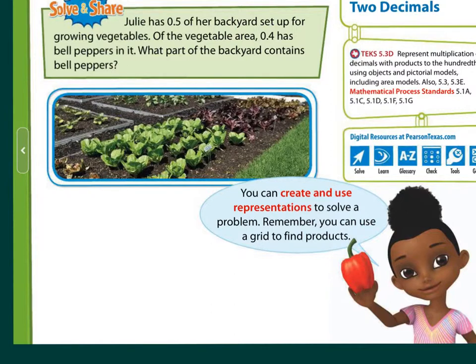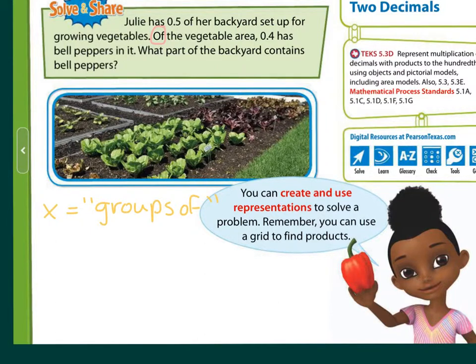So the key word that you're looking for here is this word "of." That is huge when you are talking about decimal multiplication. And think about it, we had talked about before a lot of times how the multiplication sign meant groups of, and we say that a lot, groups of, when we multiply.